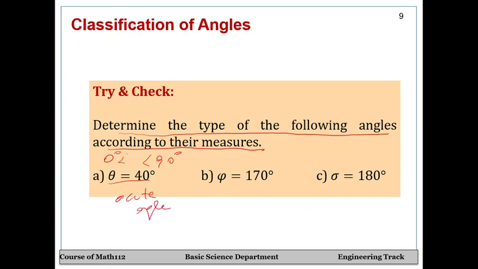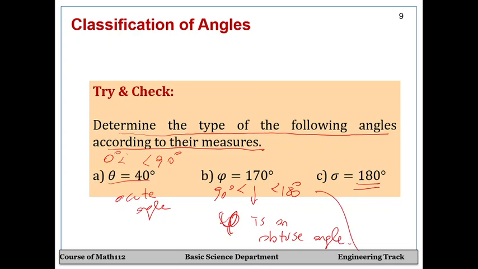And here it is between 180 degrees and 90 degrees, so phi is an obtuse angle. And then here, 180 degrees is making a straight angle. So sigma is a straight angle.